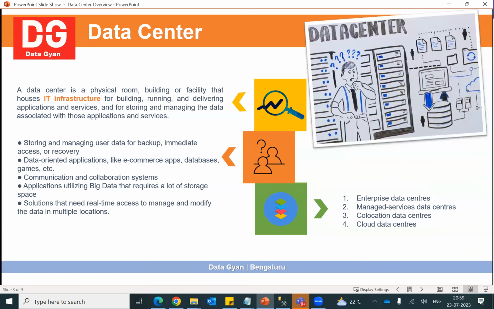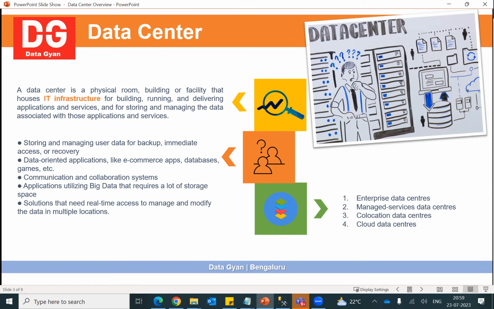Some will be Windows servers, some critical applications will use Unix or Linux operating systems. Then you have virtualization, the ESX operating system, and all these admin people. Basically, to facilitate all operations inside, they have their own people. They will not hire from outside or outsource it. They will manage everything in-house. So that is basically an enterprise data center.